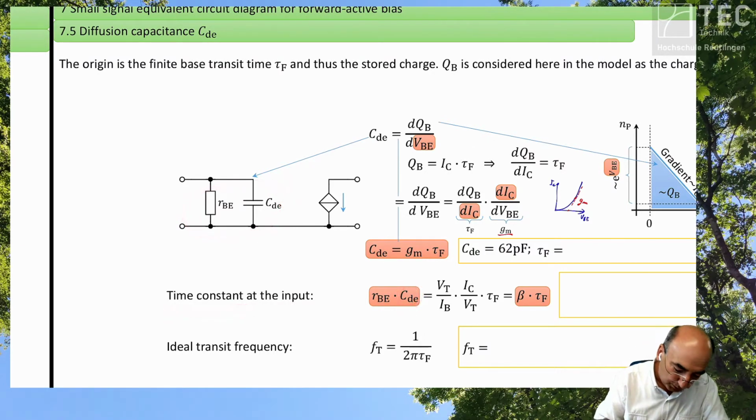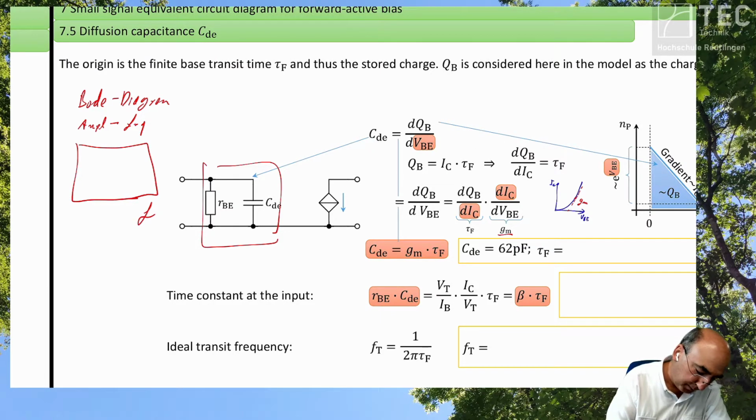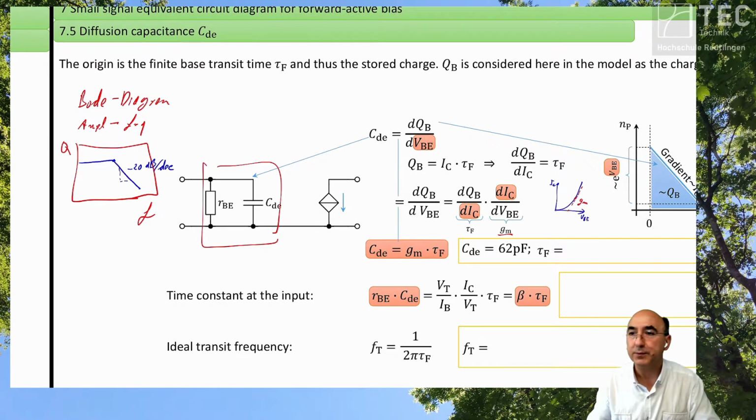So if you plot here what is called the Bode diagram, the amplitude as a function of the frequency, then you have in the Bode diagram a low pass characteristic with minus 20 dB per decade in the frequency.